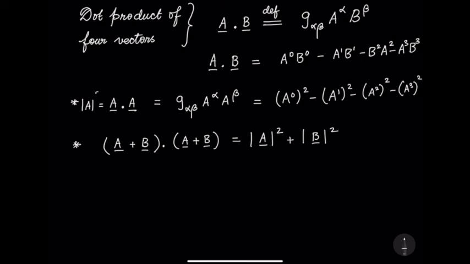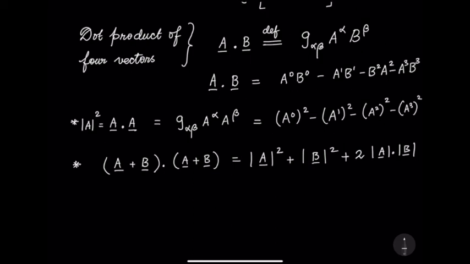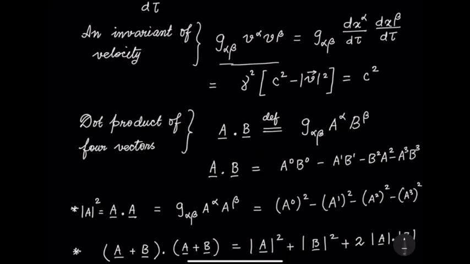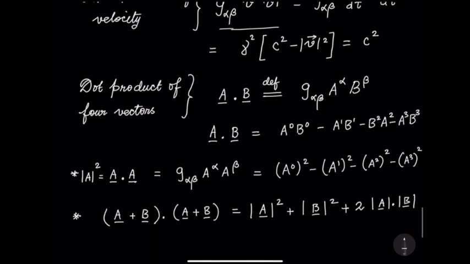So the norm of the vector A is this. And then I will have 2 times A dot B. Now the way we defined a dot product was from the influence of two different products that we did, like G alpha beta, dx alpha, dx beta, where we found that they are invariant under Lorentz transformations.